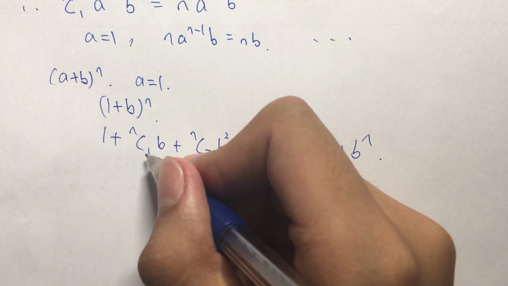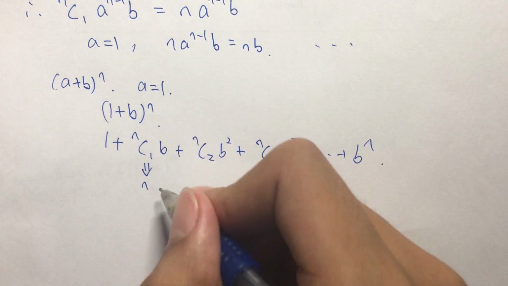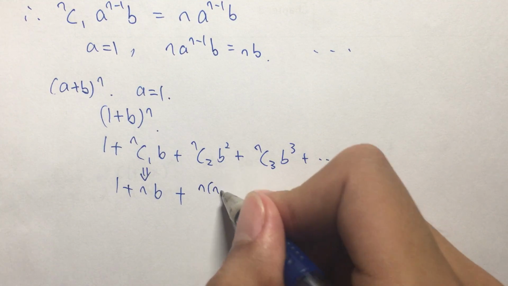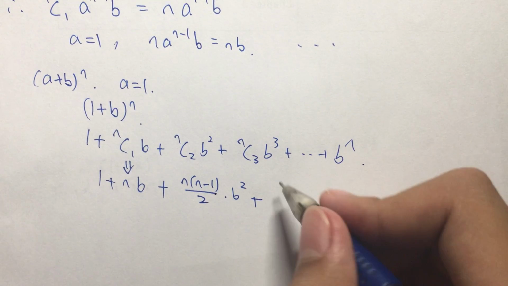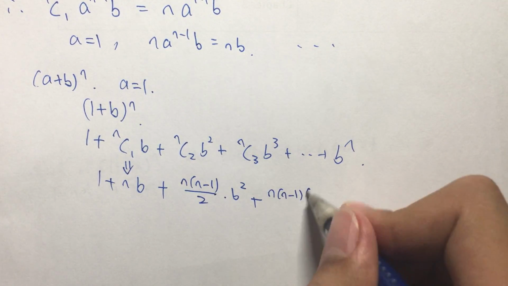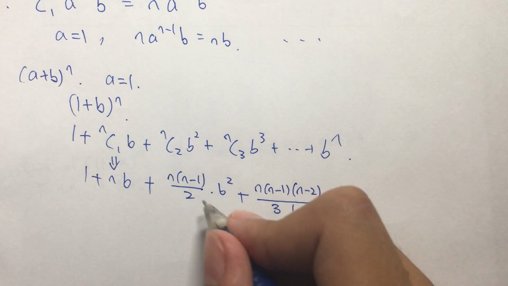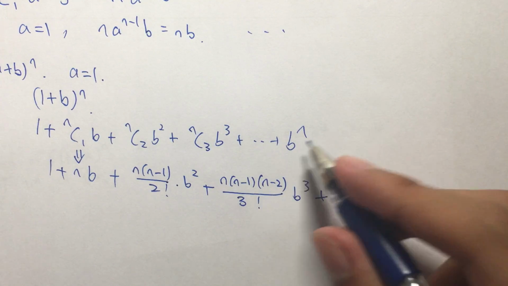Because we know that nC1 is equal to n, this here is nb, and here is n times (n minus 1) over 2 times b squared, plus n times (n minus 1) times (n minus 2) over 3 factorial b cubed, and so on up to b^n.